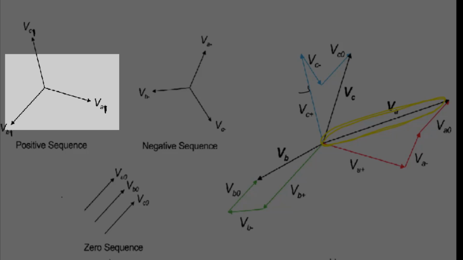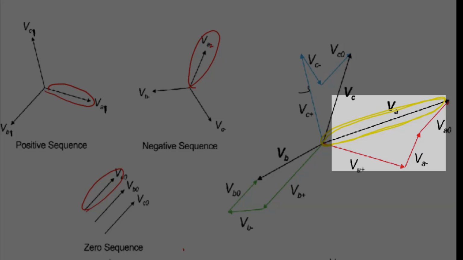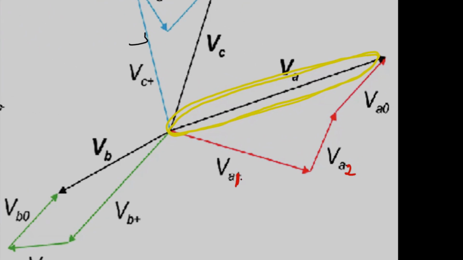For this vector, if you add vectorially VA1, VA2 and VA0, you are going to get this VA, as shown in the figure. This is VA1, to which he has added VA2, and again to which he has added VA0. So the vector sum of these three, using the parallelogram law or triangular law, is going to give the original unbalanced phasor VA.